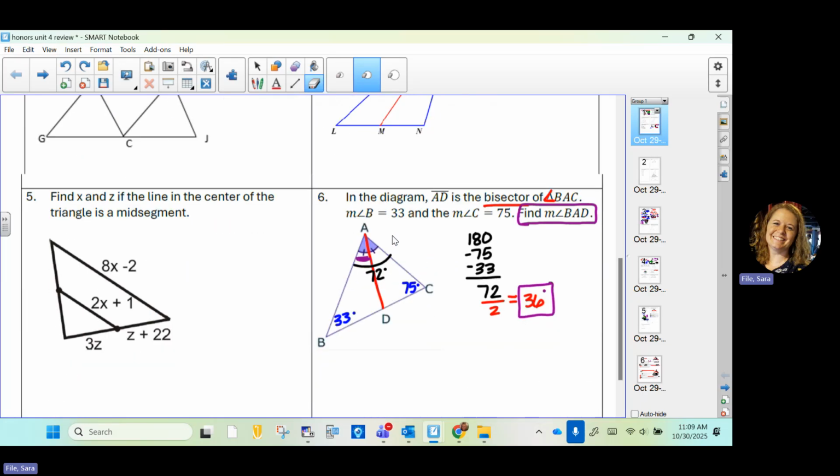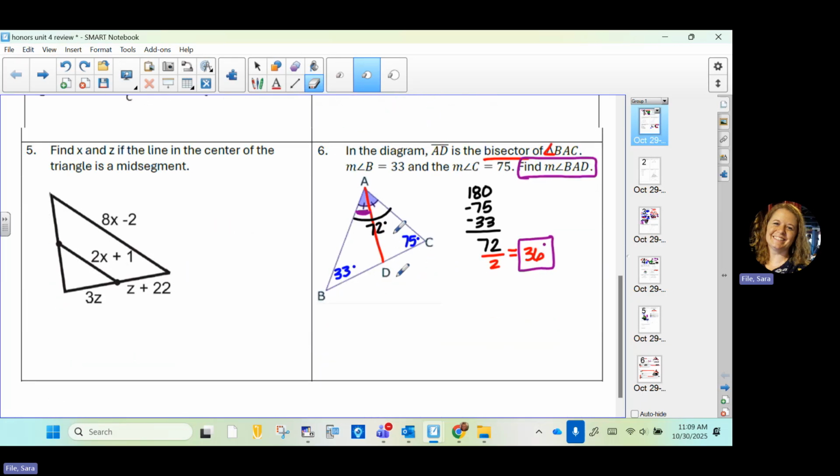All right, number 5. C is already done here. I did that in another class, so you can look at that if you want to. In number 5, it says find X and Z if the line in the center of the triangle is a mid-segment. So they didn't label it, but they told us it's a mid-segment.